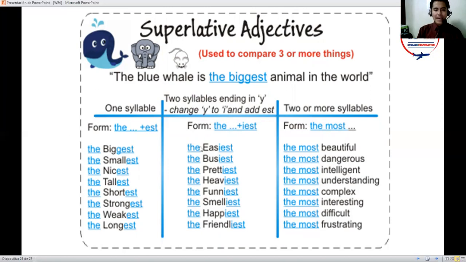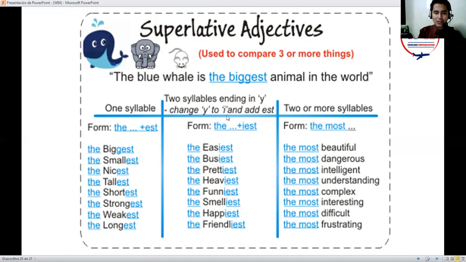And don't forget, we have to use the before the adjectives, and in most of them, we are going to add est. If it's one syllable, we have double consonants too, if it finishes in consonant, vowel, consonant.